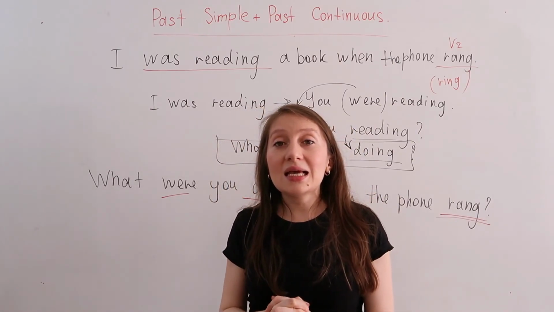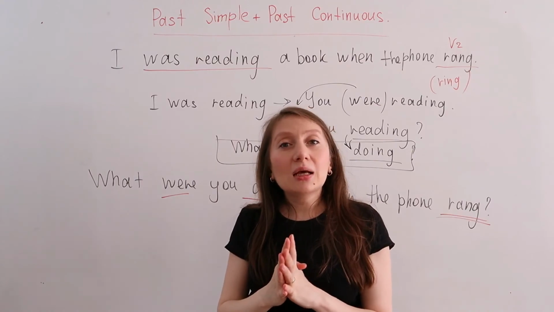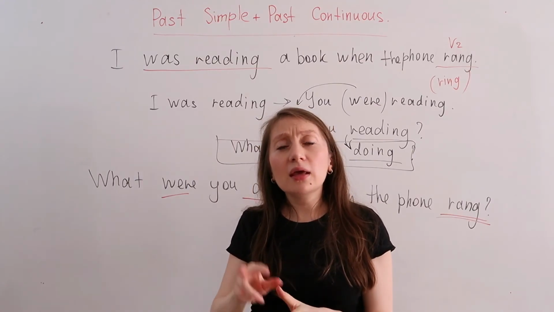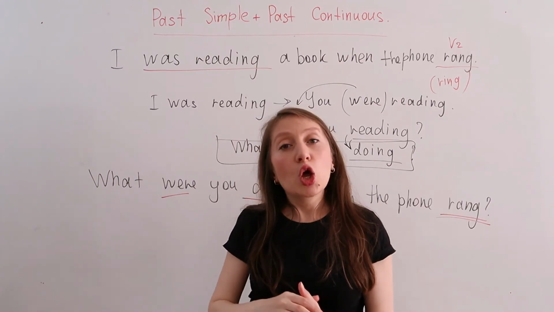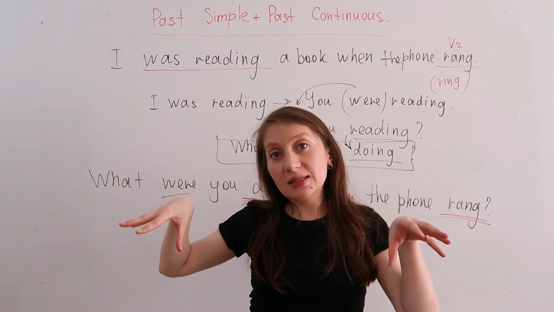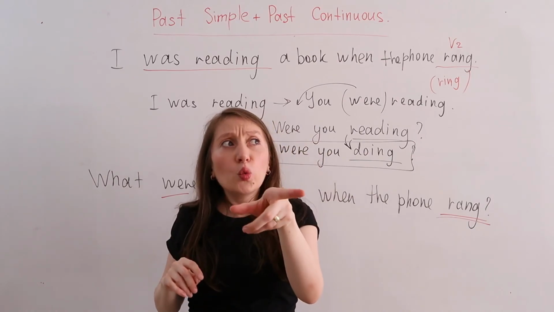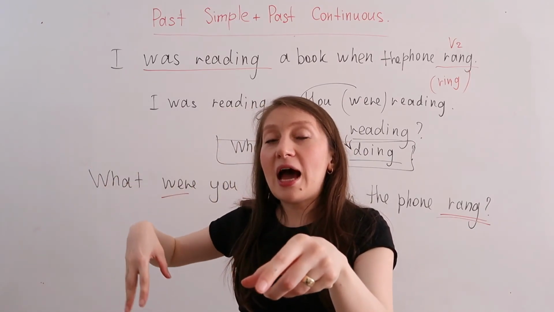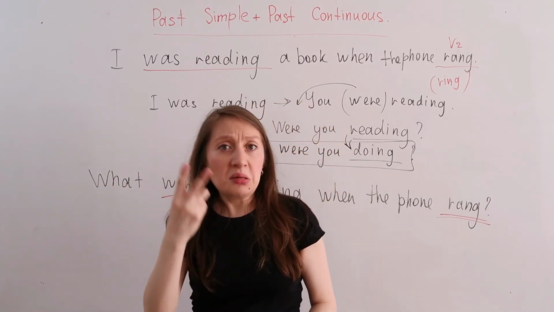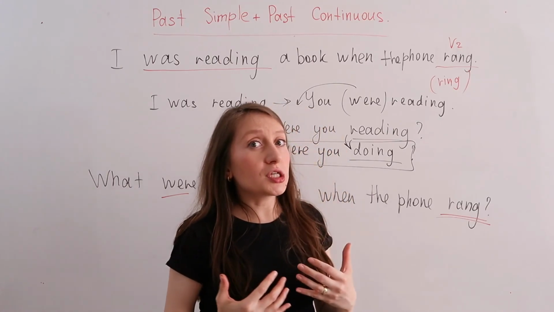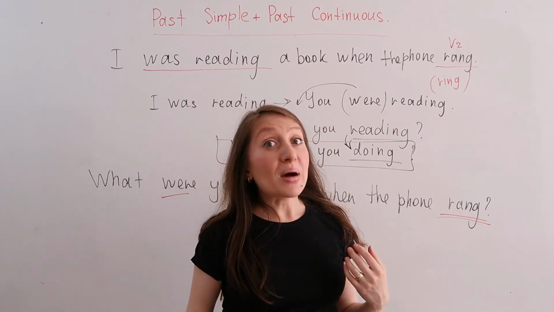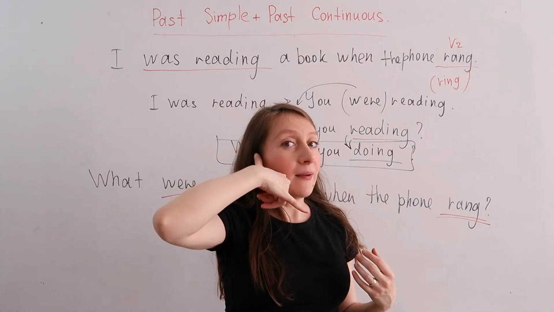Now your task is make, please, I think 2 or 3 sentences with past simple and past continuous together. So for example, think about yesterday. What were you doing when something happened? 3 sentences. Example, I was watching TV when my friend called me.